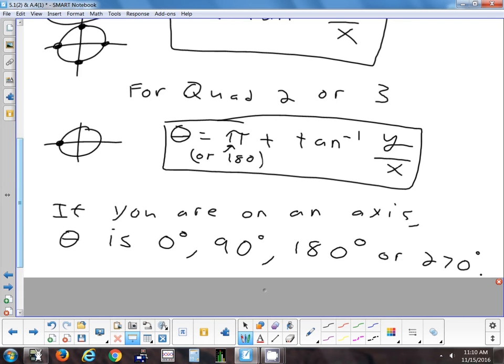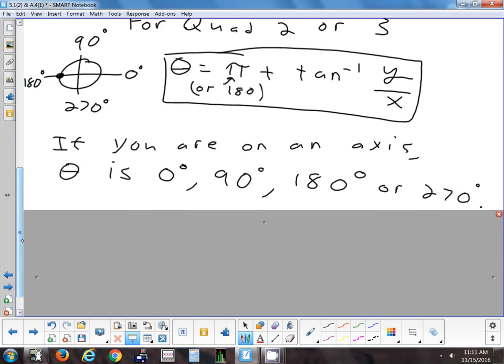That's right here. It's 2 units to the left. Right? And then you just have to memorize this is 0, 90, 180, 270. Okay? Just memorize where those 4 angles are. But for anything other than those 4, you can use the formulas I showed you.